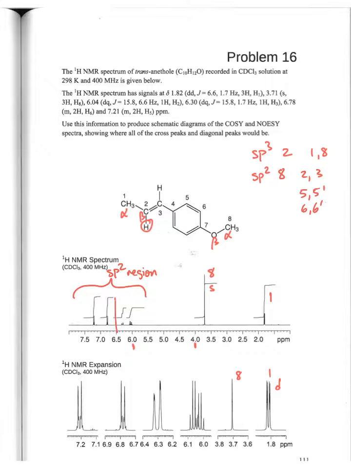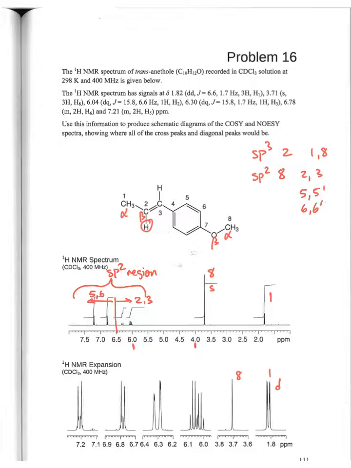So we're going to say to this side we have 2 and 3, and this side we have the 5 and 6. And that's the integration, which is how many hydrogens you need? No, it's these numbers here. We're just trying to make the actual assignments at this point.